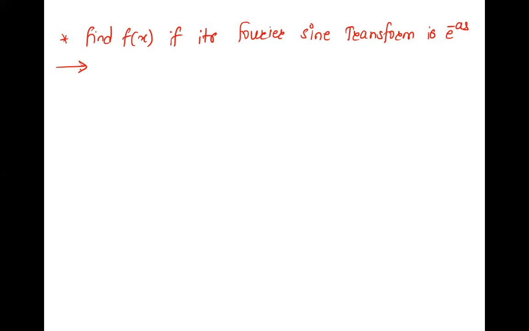Find f of x if its Fourier sine transform is given to you. Find f of x, you have to find this. F_s is e raised to minus as, and it is asked to find f of x.